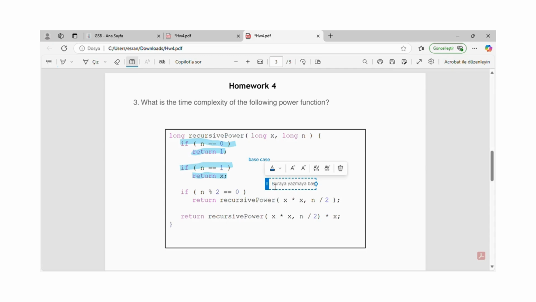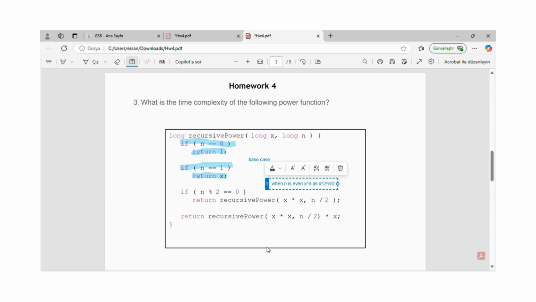When n is even, we can write x power n as x squared power n over 2.